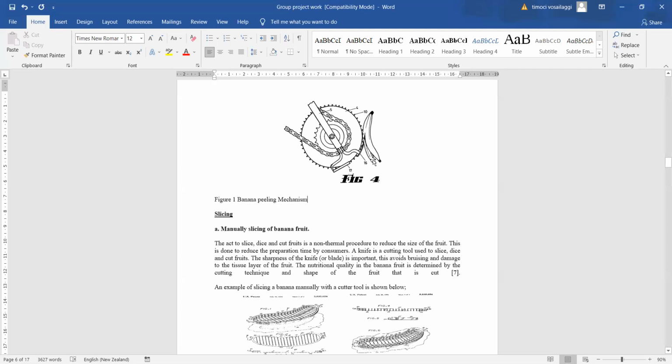Okay. So for every figure, make sure you put a caption. And if you've taken the image from a source, make sure you include the reference. Okay, so this may be 2.